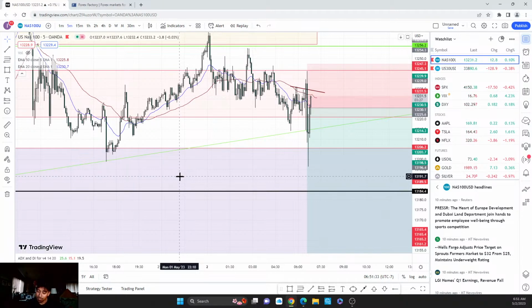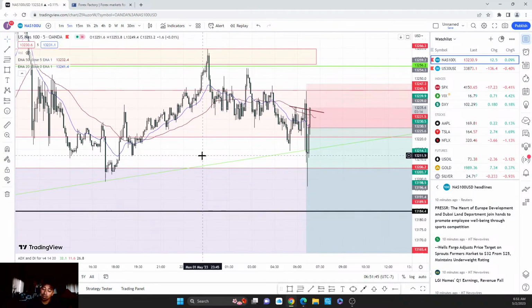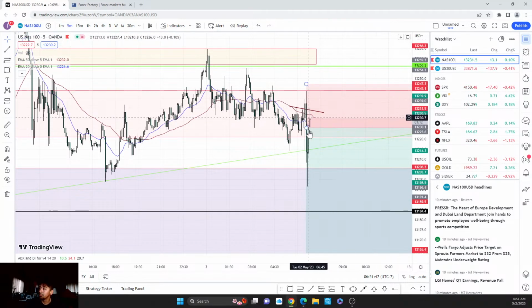Looks pretty bullish, man. I don't even know. Maybe the bulls are coming in hot. Maybe they know something. But remember, this is what it did on the 4th. Pushed up before coming down.